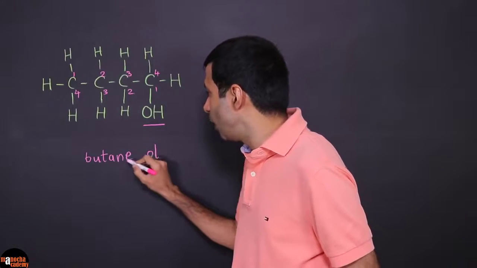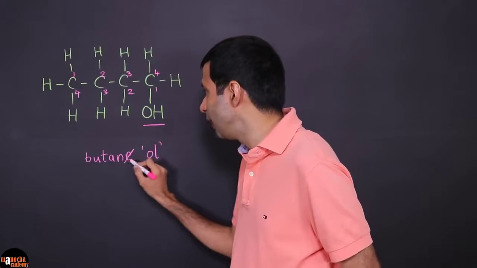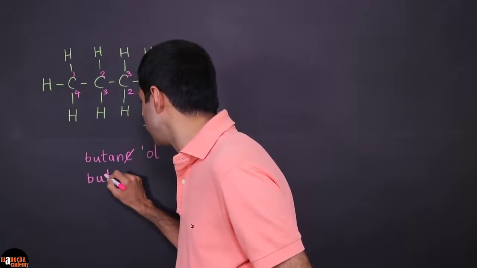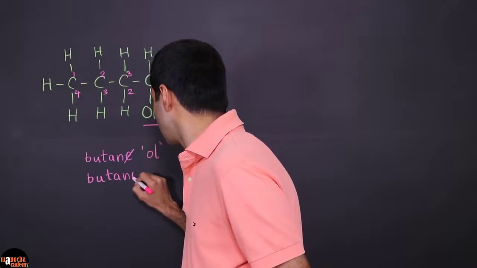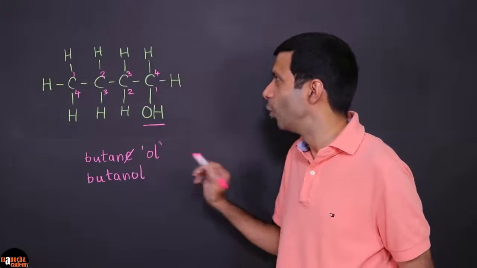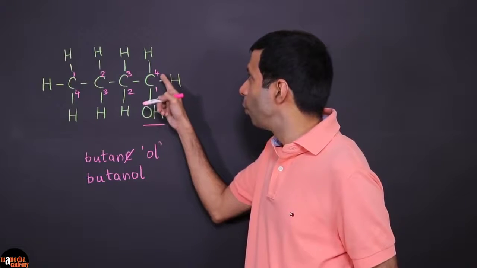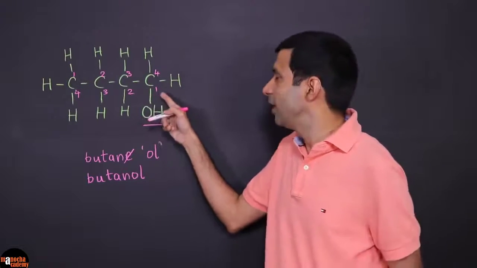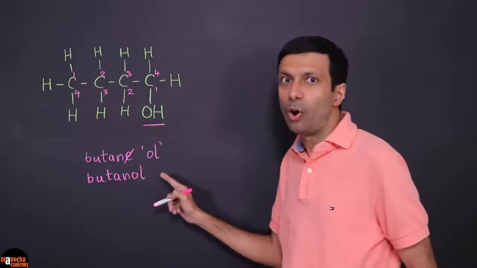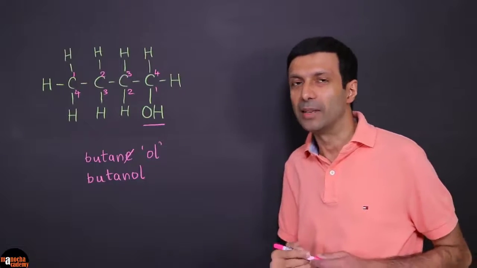Now when you add OL, you need to remove the E. So this OL gets added to the name, and the name basically becomes butanol. So remember, the E is removed and we attach the suffix OL. And what is the position of the OL? It's at position 4, but we'll choose the number 1 here because that's the smallest number. So it's basically butan-1-ol, or basically butanol, because we don't have to write the number 1.